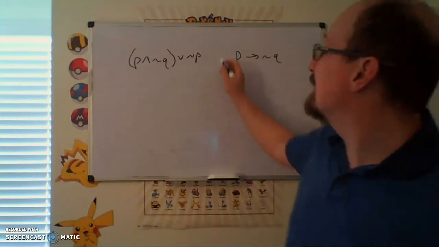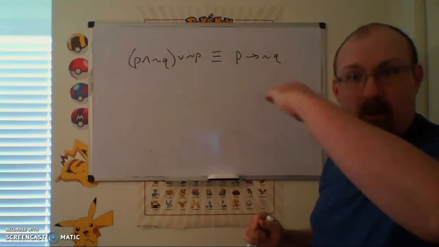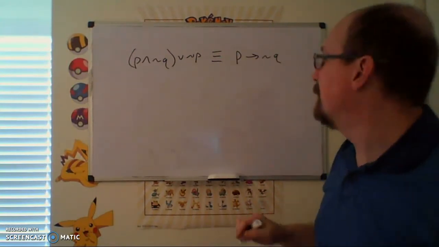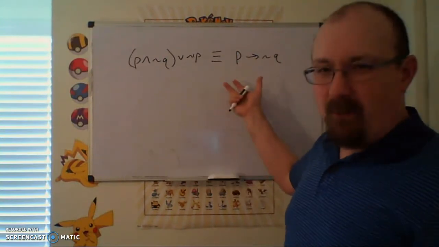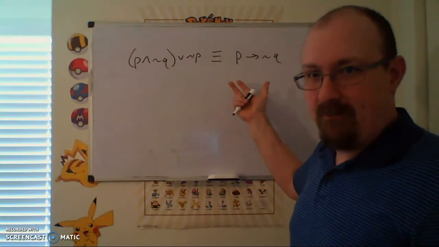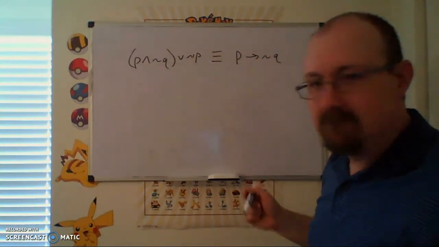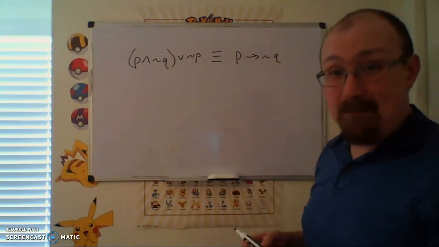So we would show these things are equivalent by doing, it's not quite an equals, we do 3 horizontal bars instead of just 2. If you wanted more parentheses, you could put them in here, but this already looks pretty busy, so I don't think it's strictly necessary. But we've already seen one example of equivalent statements.